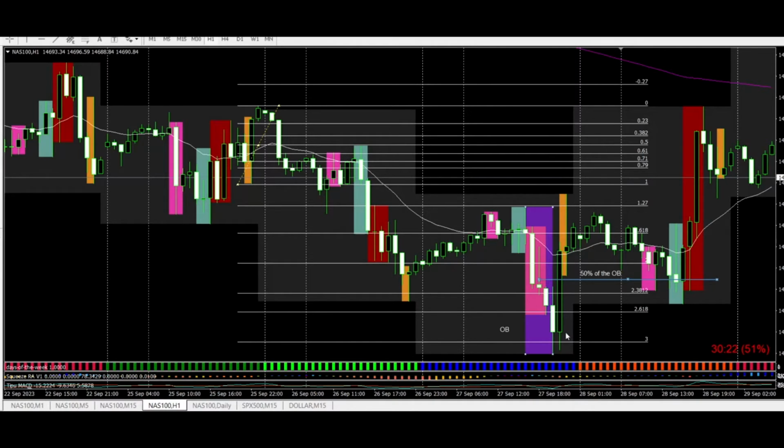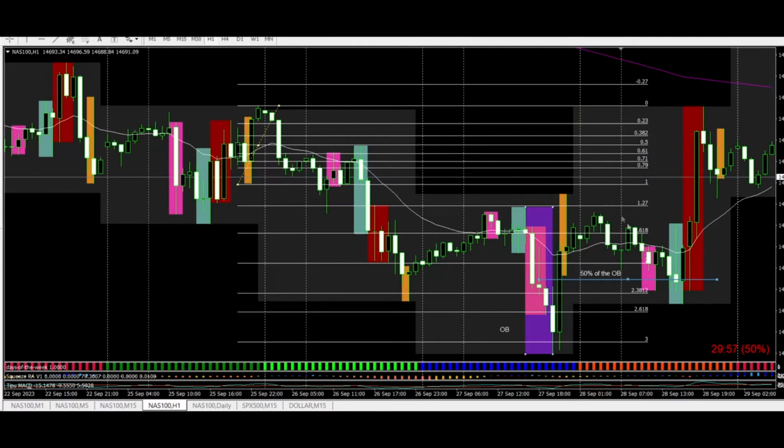So it goes way past to the 3% level and then starts to move up. And it doesn't give us what we want, a close above a swing high. And this is the hourly chart. But you can tell that there's a change in sentiment because it went above with a huge wick.